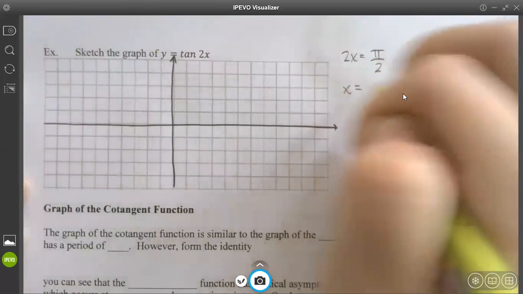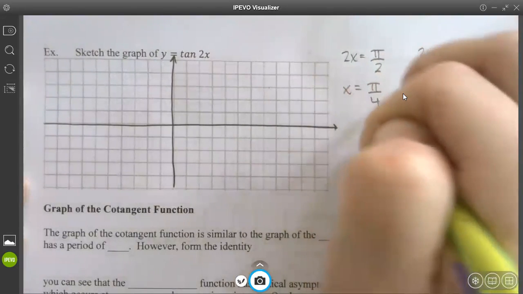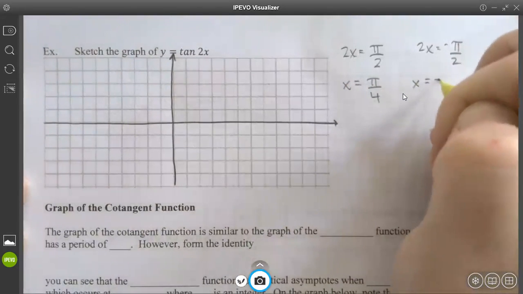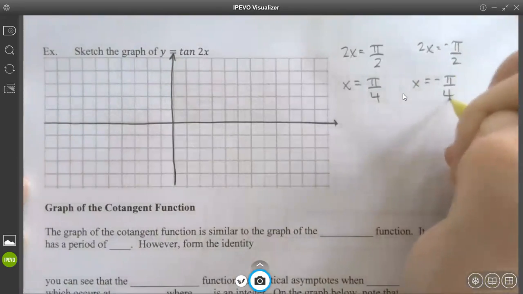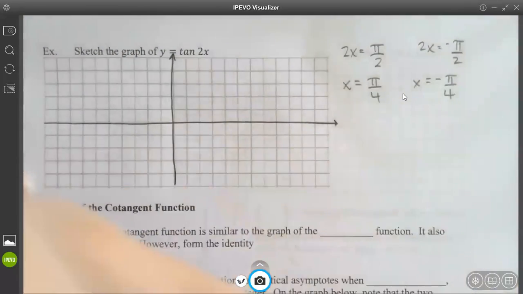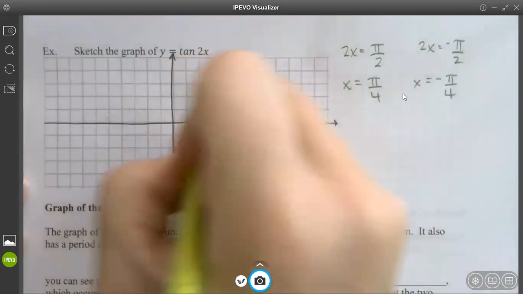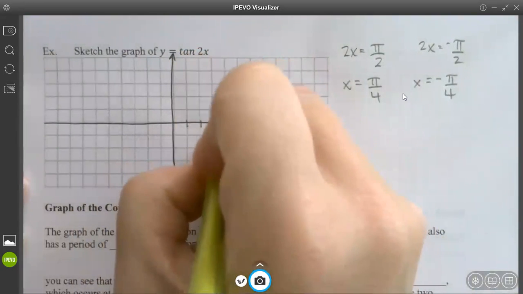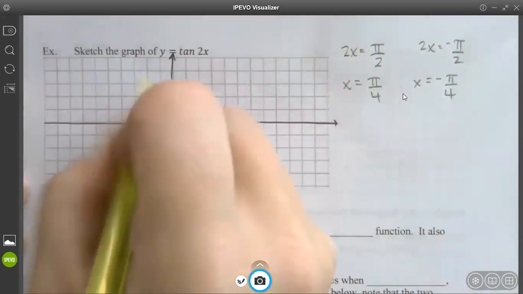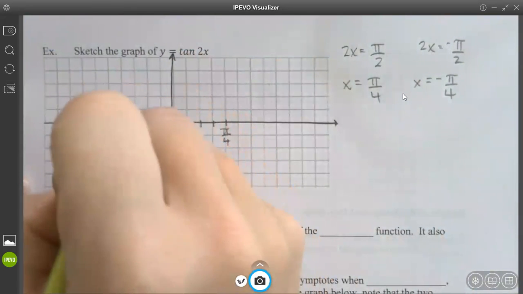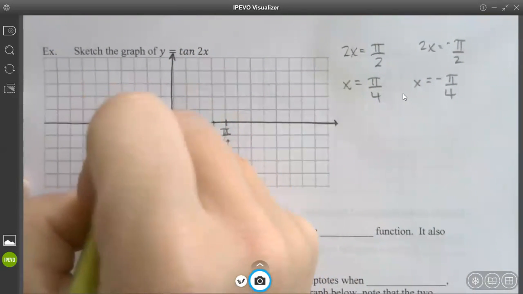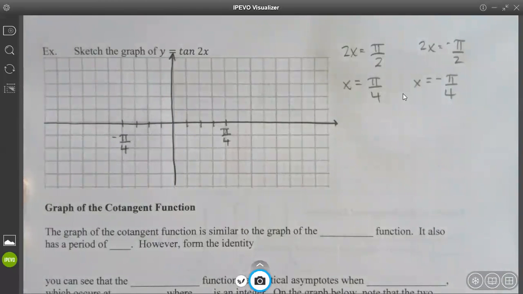So this will give you pi over 4 and negative pi over 4. Here's your pi over 4. And your negative pi over 4.